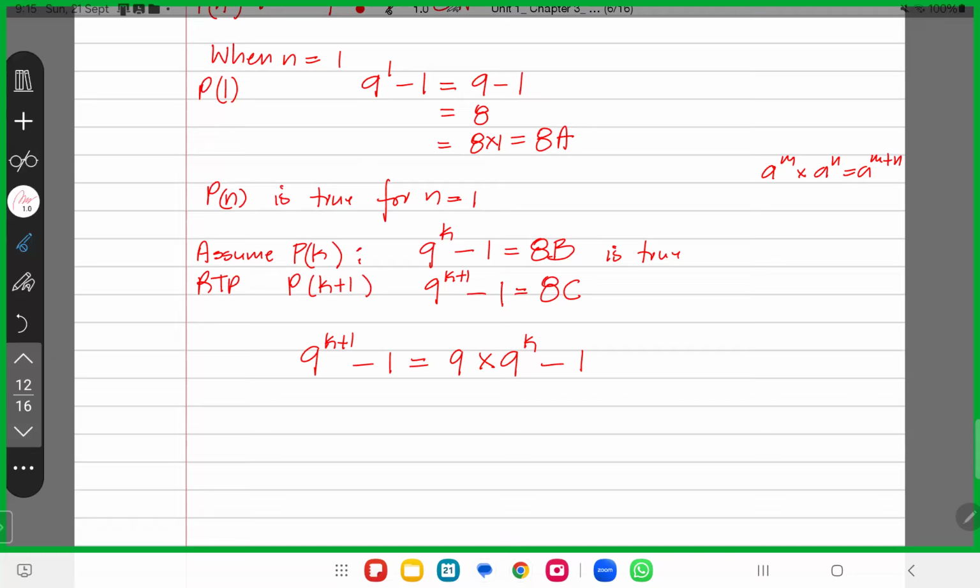All right. Now, from step 2, which is here, we can show that 9 to the power k is equal to 8b plus 1. Positive 1, negative 1 goes over and becomes positive.